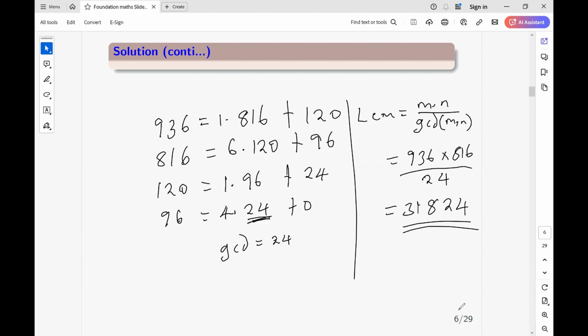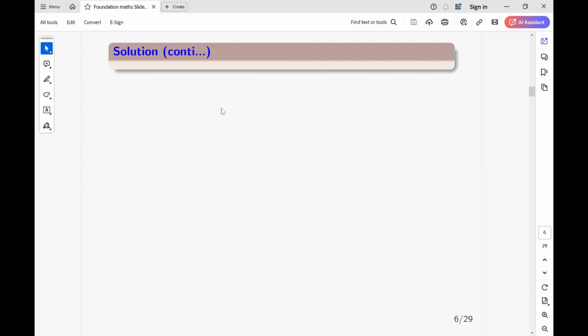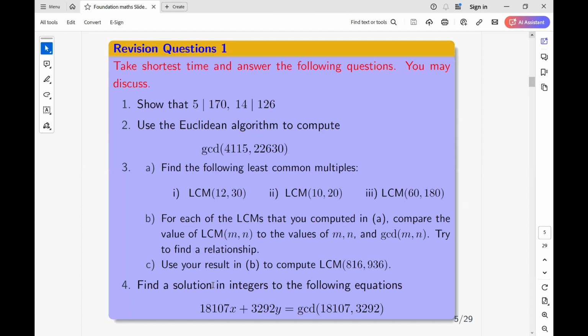Now, we do one question, then we have some break after the next question. So the next question is, find a solution in integers for the following equation.